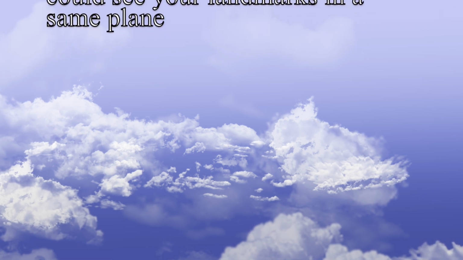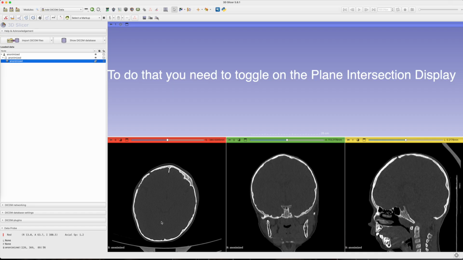To do that, you need to toggle on the plane intersection display. This is the square up on the menu bar. If you tick it, you can see what it's done for.